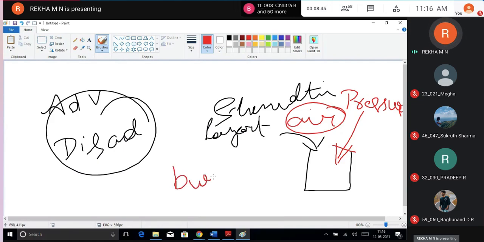Burning will take place efficiently, so efficiency you can increase. Because burning of the fuel will be more efficient, more fuel can be burned. That's the reason why we always go with compressed air. We compress the air and then put it in for burning. Okay, so that is said to be supercharging.